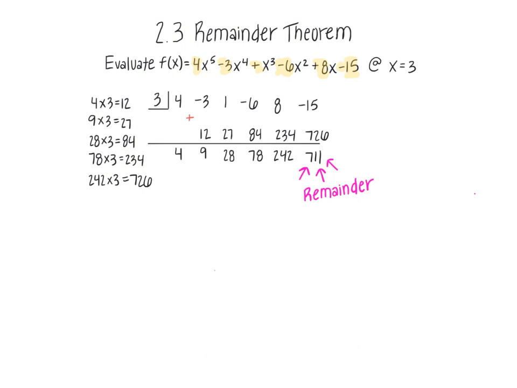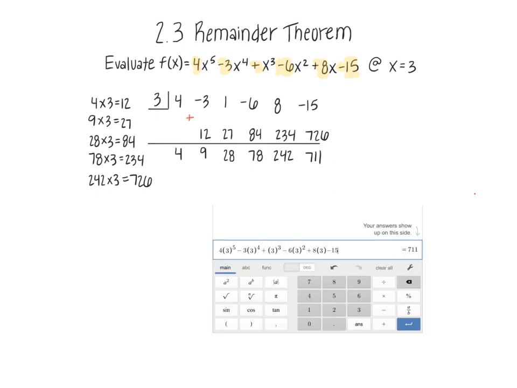And according to remainder theorem, when I plug in 3 into this equation, my answer is going to be 711. Just to confirm with y'all, I went ahead and plugged 3 in on Desmos, and looky here, 711.